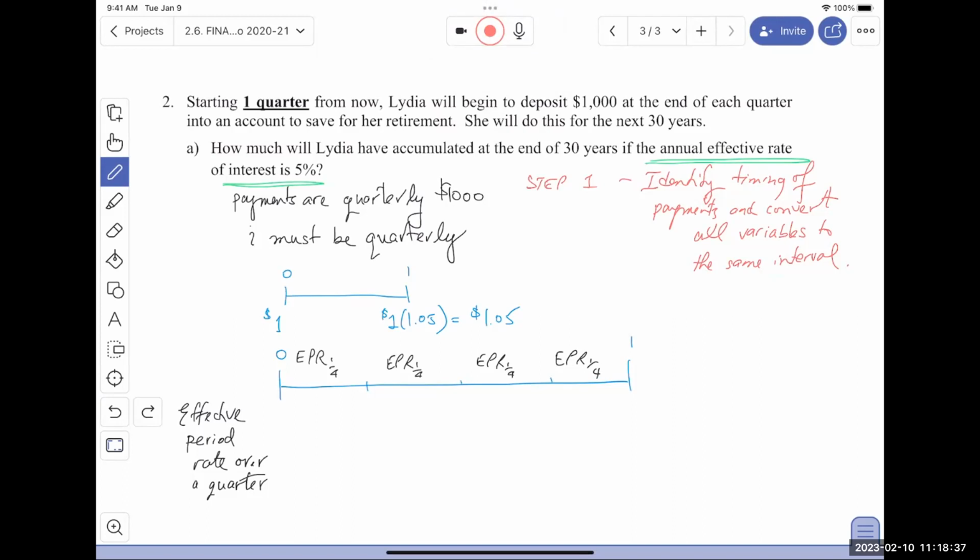So what this means is 4 of these, 4 quarters, compounded factors, right? I mean, accumulation of 4 of these should make one effective annual rate. So the effective annual rate you're told was 5%.